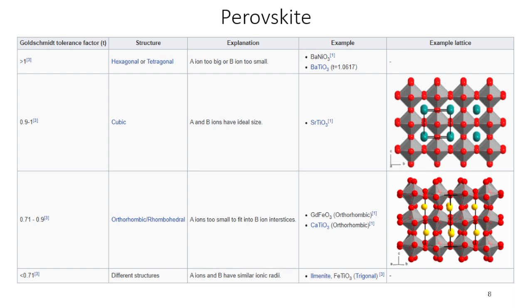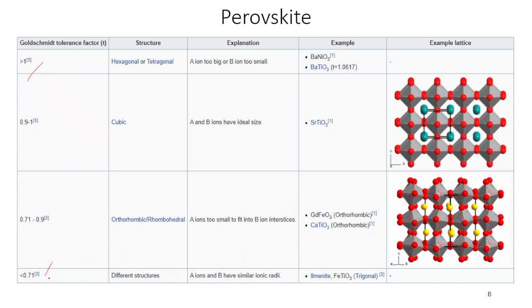Okay. So these are some of the examples of perovskite. If anyone wants, they can take a screenshot of this particular slide. So for different Goldschmidt tolerance factors, we discussed from 0.71 to 1, for each you have one example of perovskite.